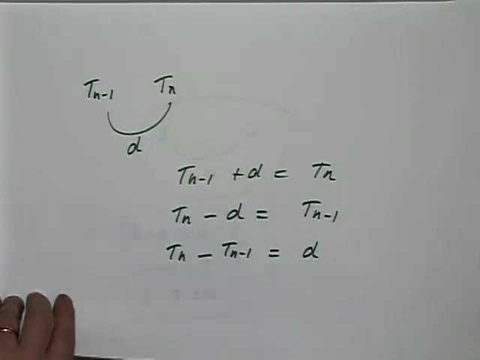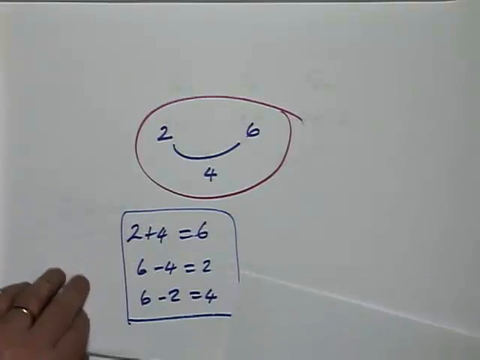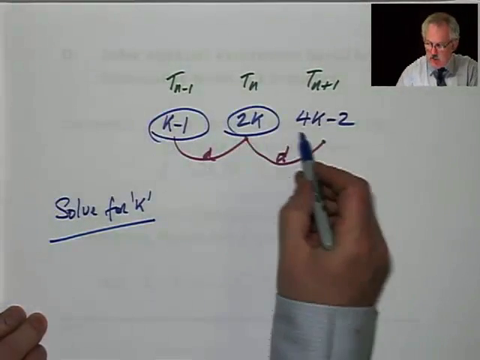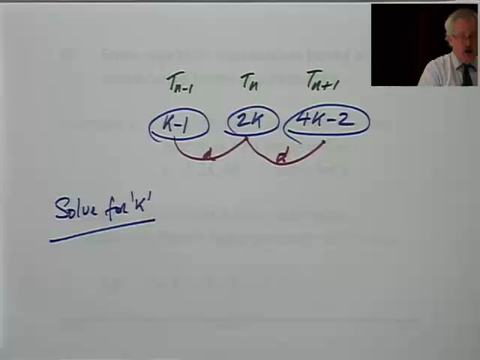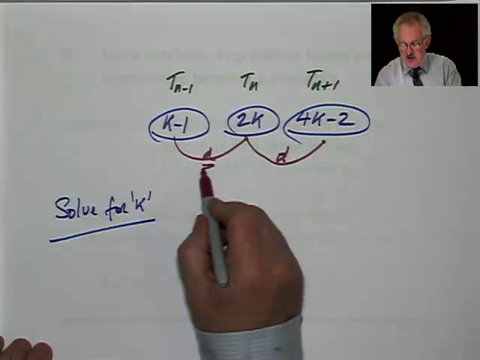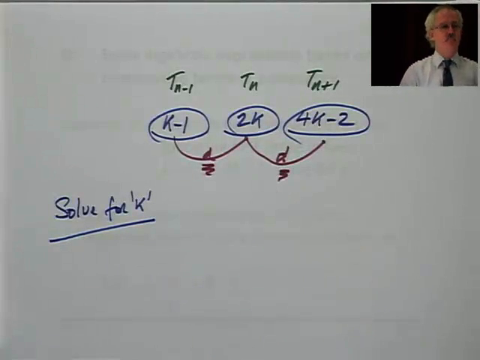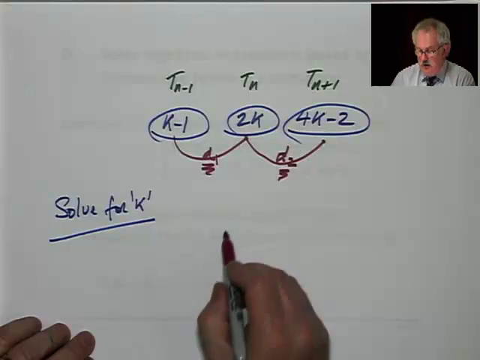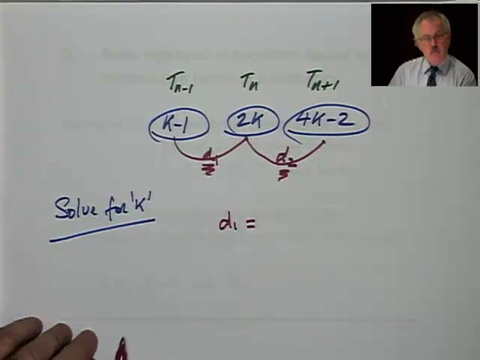So what they've done in the algebra here is just like the maths. They've said that these 3 terms are related. But the only thing we know for sure is that this d is the same as this d. So I'm going to write an equation for the first d. I'm going to call them d1 and d2. What's d1?